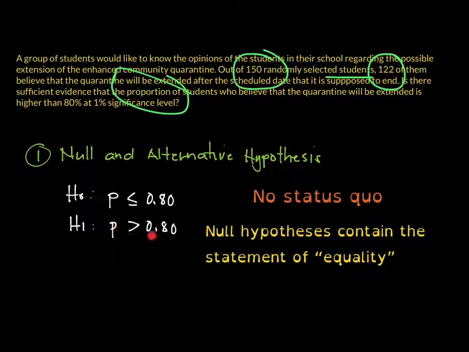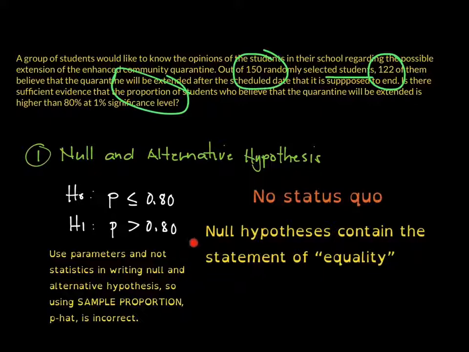So that's greater than 0.80. So we have to write that as our alternative hypothesis. So the proportion P, take note this is not a P hat, the population proportion P, must be greater than 0.80. And with that alternative hypothesis, we can easily write our null hypothesis, which is P is less than or equal to 0.80.